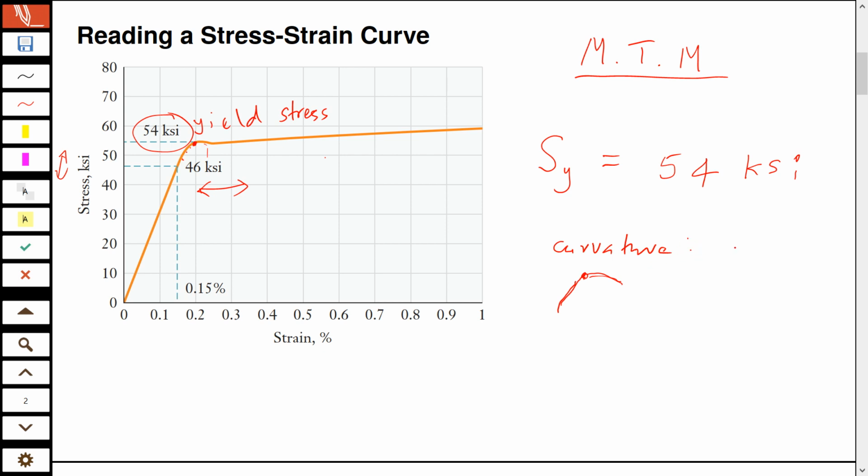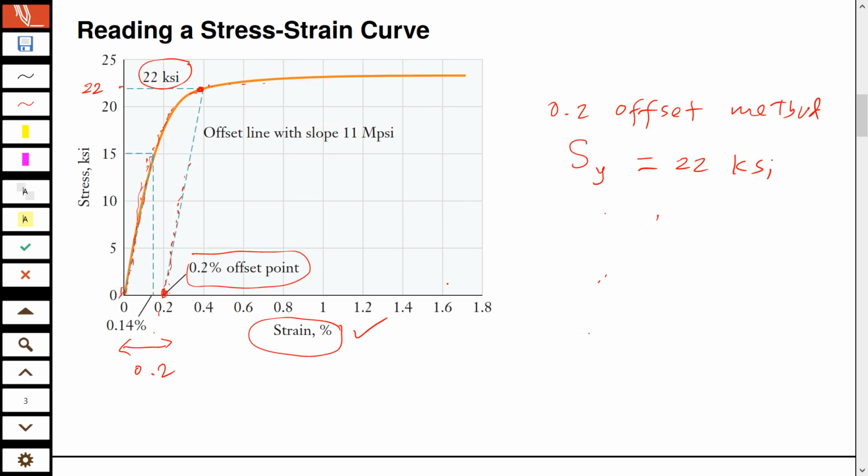The curvature is represented by the double derivative. Slope is the single derivative, and the curvature is determined by the double derivative. So you will see that the double derivative changes. Here, even the double derivative doesn't change, and that's why you need this method of offset. Did you understand this? Yes sir, no difference.